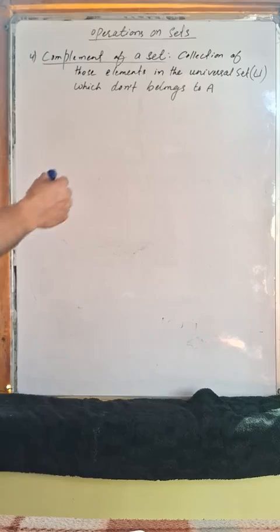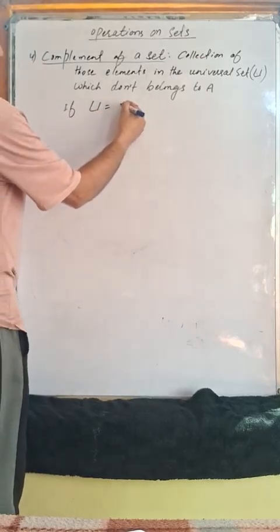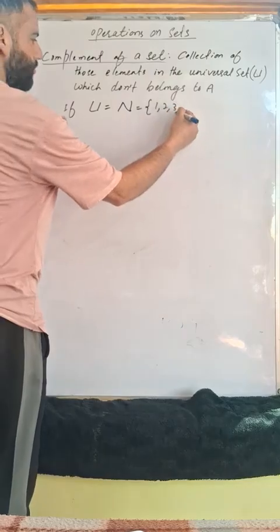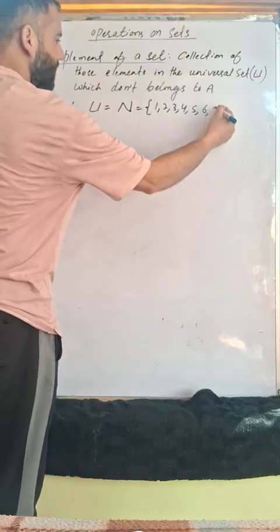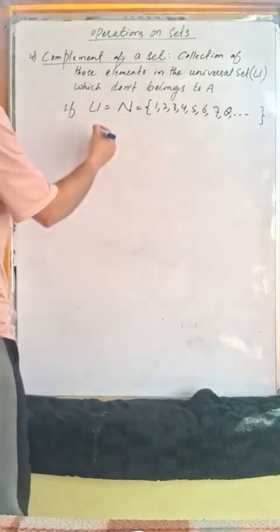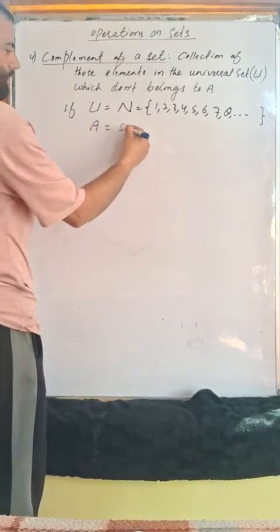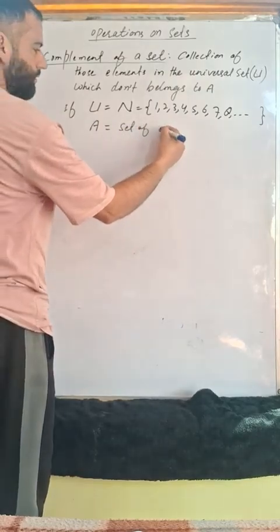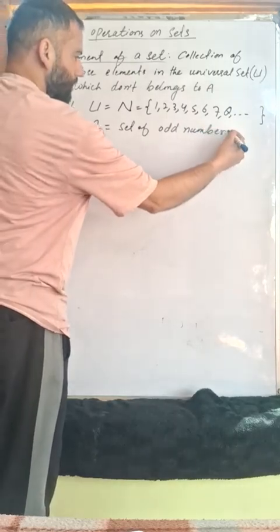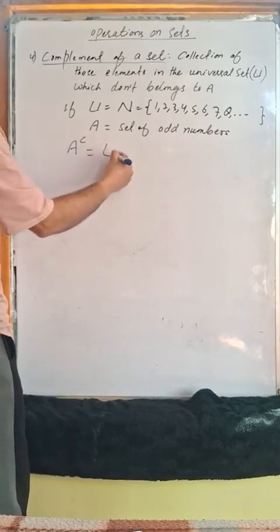Let us take another example. If U is equal to N, that is the set of natural numbers 1, 2, 3, 4, 5, 6, 7, 8, and so on, and A be the set of odd numbers, then what will be the A complement?